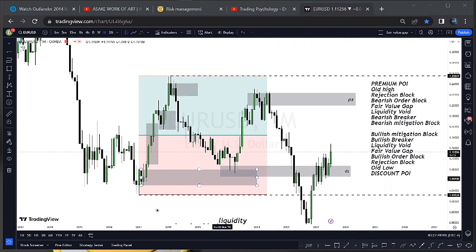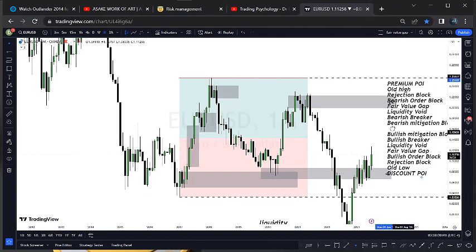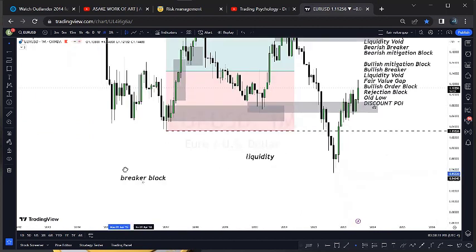So now, what is the one thing that will give you that confirmation that they are about to move this trade? That takes us to the breaker block.